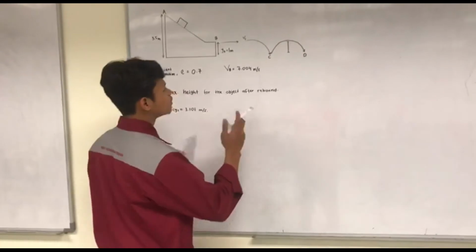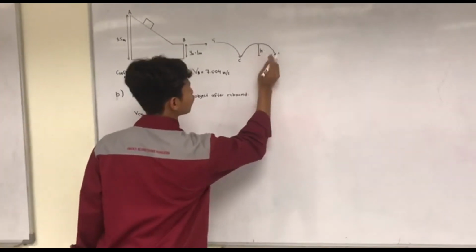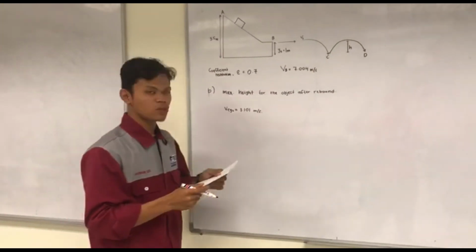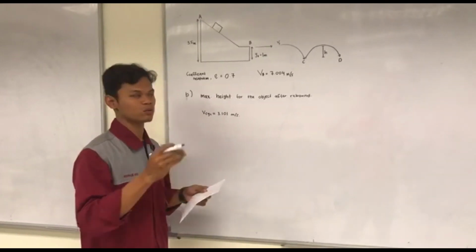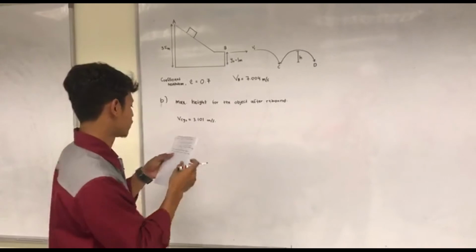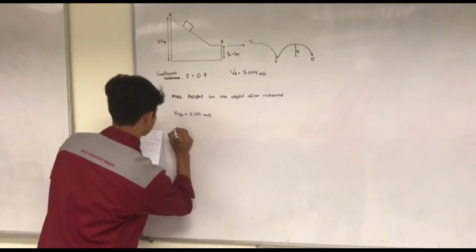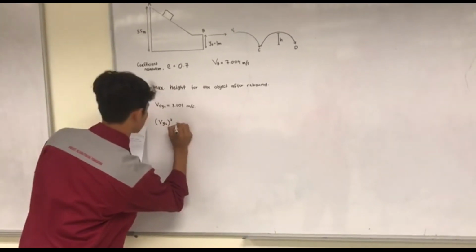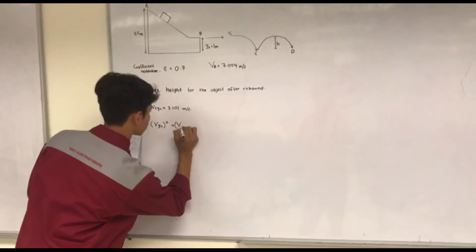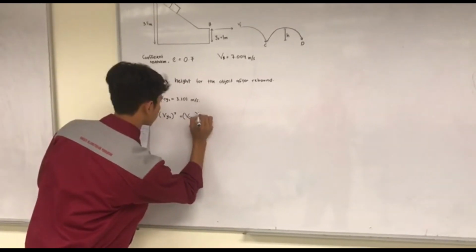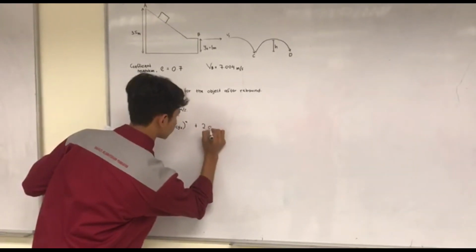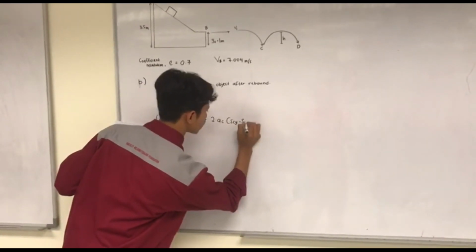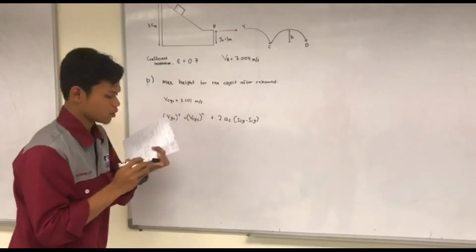So the question wants the height of the object after it rebounds from C to D. So we use the kinematic equation to get the height of the object. So this is the equation.